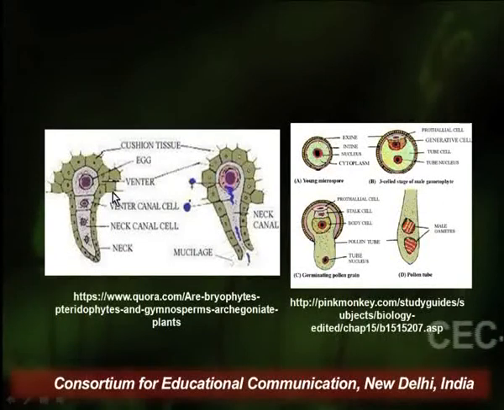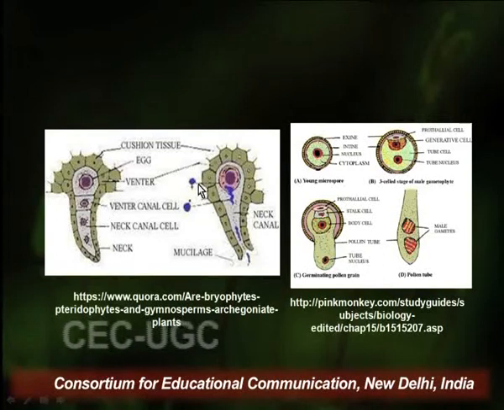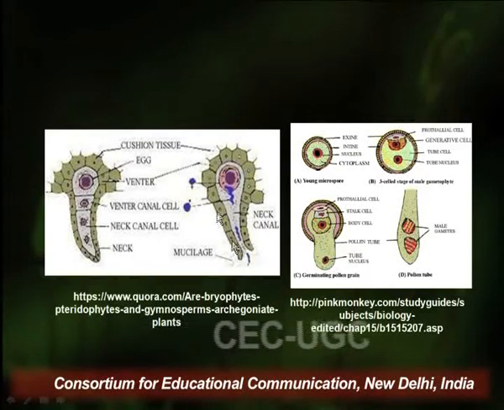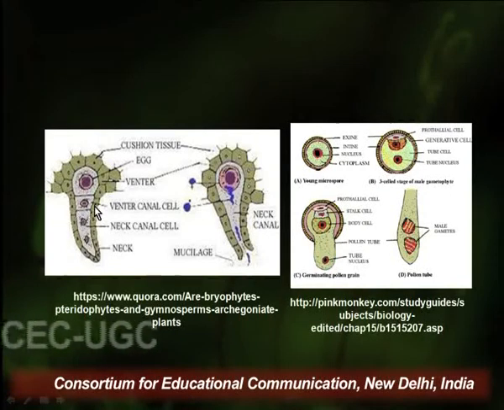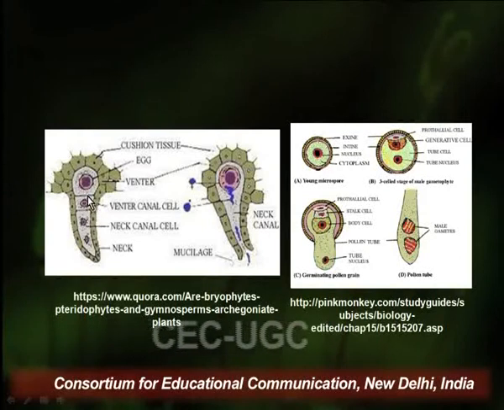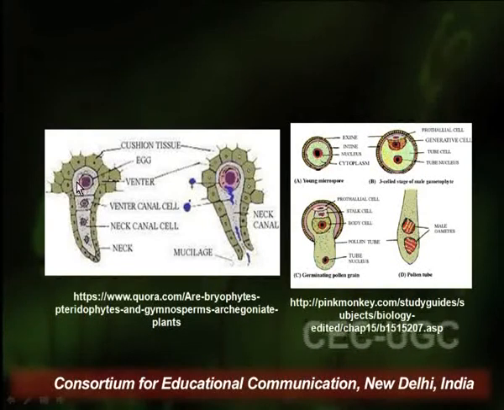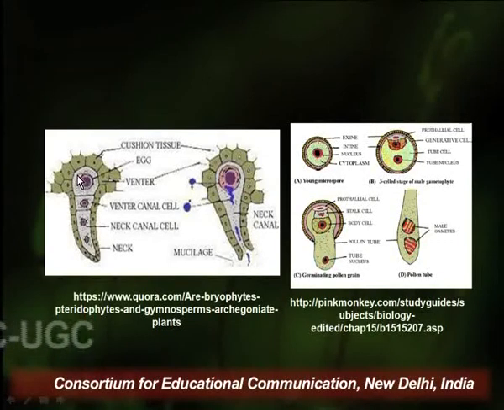Here you can see that the archegonia in gymnosperms have small neck canal cells, 2 to 3, followed by a venter canal cell, and in the center lies a large central egg cell.